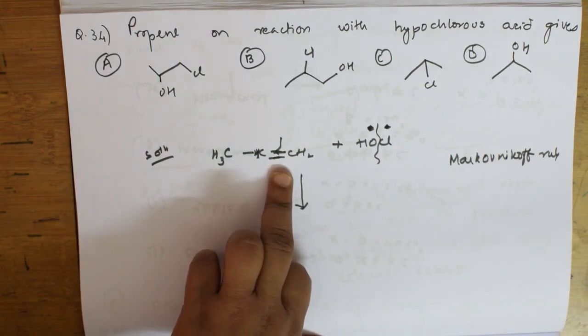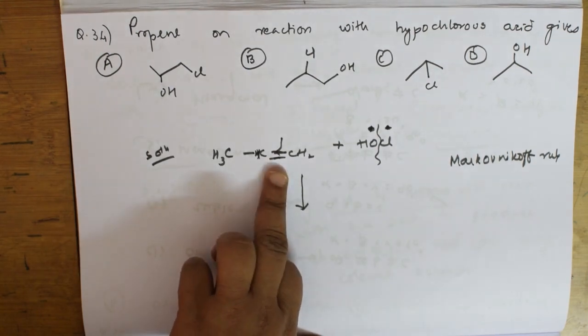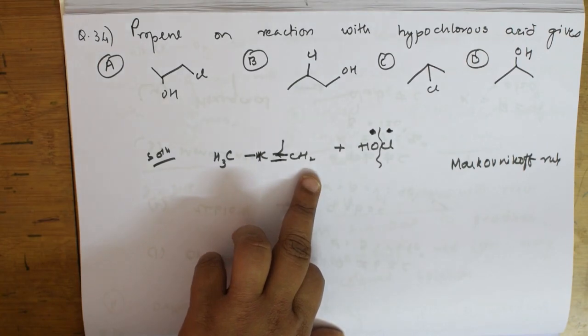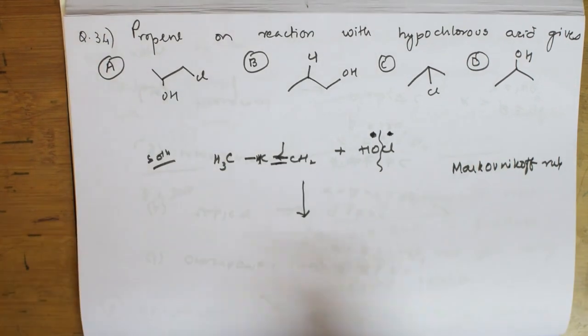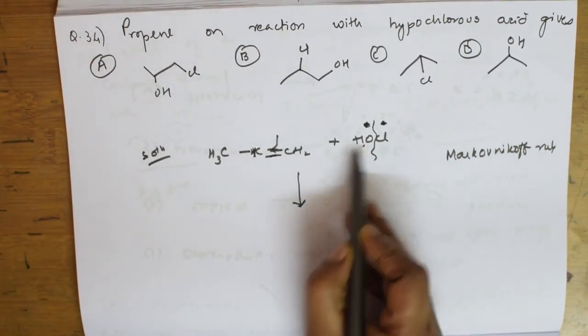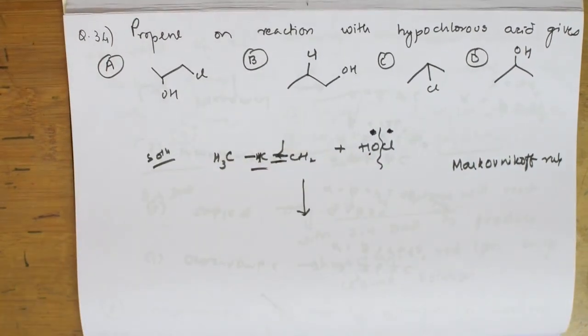So when you have an unsymmetrical alkene, the rule states that the negative addendum goes and adds to the carbon. Where does it go and add? The negative addendum adds to the carbon having fewer hydrogens.